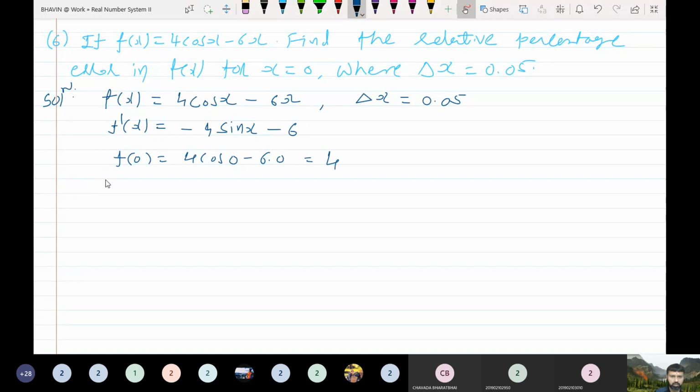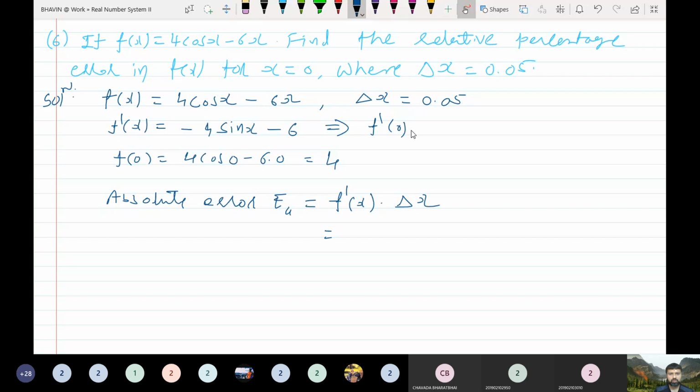Now absolute error. It is denoted by EA. EA is equal to modulus of f dash x into delta x. So now what is f dash 0? f dash 0 is minus 6, and I should take its modulus.